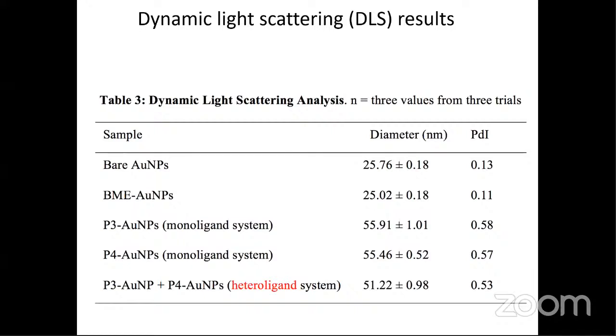But if we use peptide 3 to detect mercury, it will show the aggregation between two nanoparticles, and also for peptide 4. Both show a size of 55 nanometers, but the heteroligand shows a more compact size, which is 51 nanometers.